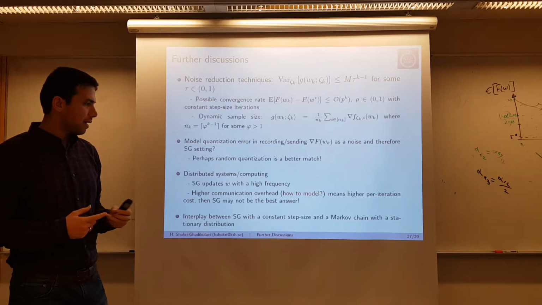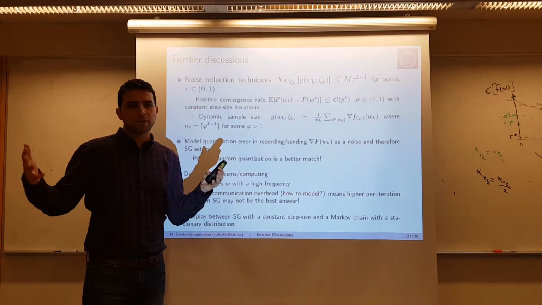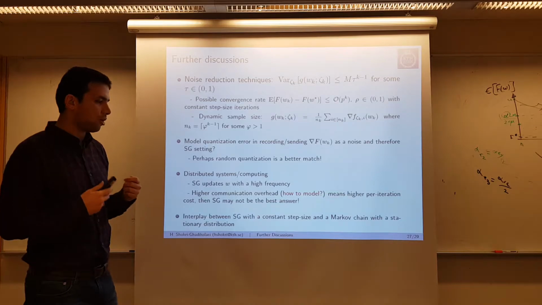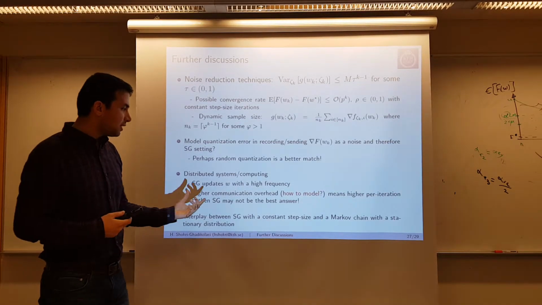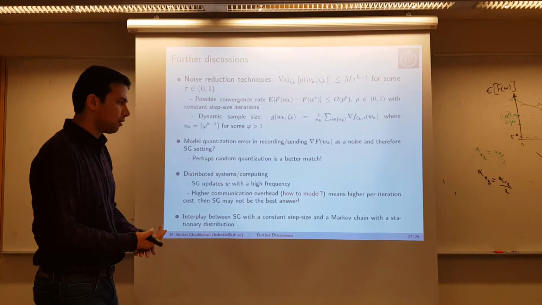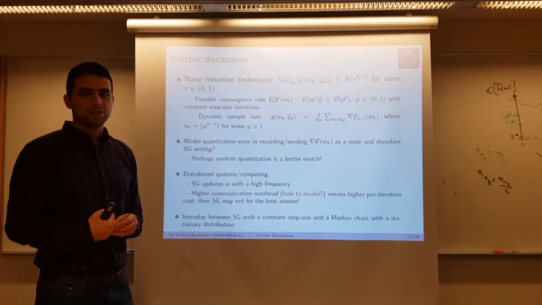But what would happen if you have a set of sensors that are physically located far from each other, and now you need to pay some real communication overhead? It doesn't need to be actual communication, as long as it's some form of cost that you can model, that's enough. So in that sense, you may have a higher per iteration cost.